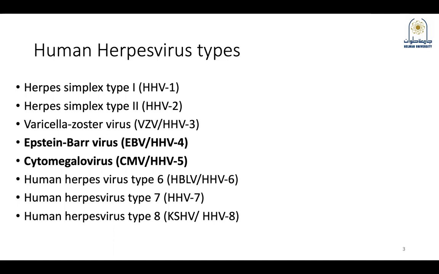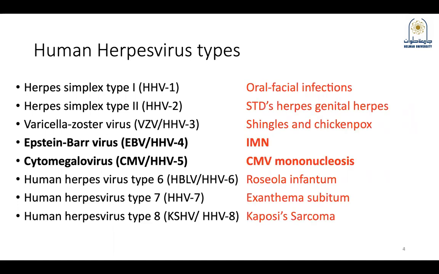And we have type 6 and 7, and at the end, type 8 is the virus concerned with Kaposi sarcoma. These are the diseases concerned with each virus. The Epstein-Barr virus causes infectious mononucleosis, and the cytomegalovirus causes cytomegalovirus mononucleosis.